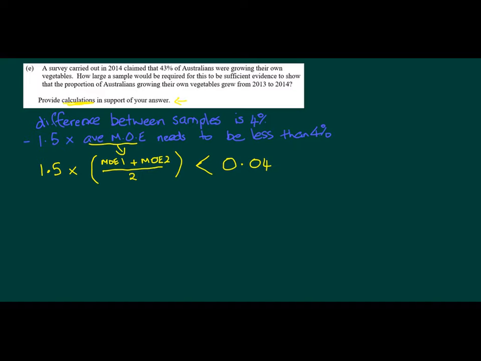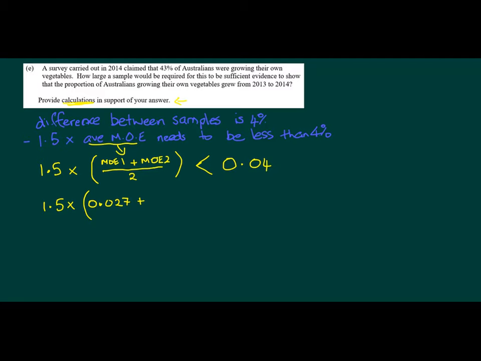So we've got a bit of algebra here. So let's put our numbers back in here. So 1.5 times the first MOE that we had, which we calculated when we did the sample size of 1390, was 2.7%. So I'm just going to put that in brackets again, 0.027. So we've rounded it, but that's okay. Plus the second MOE, which would be 2014.